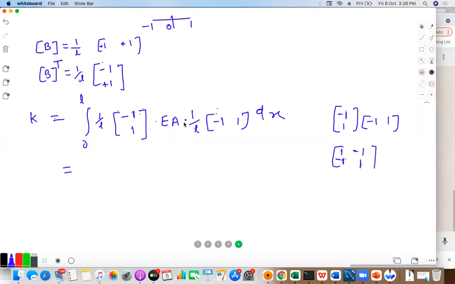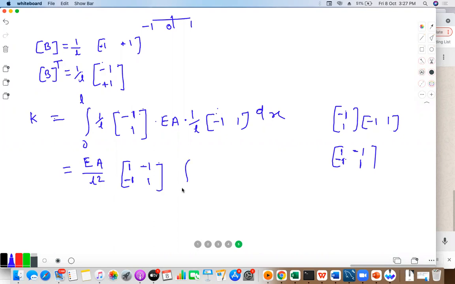So taking this outside, EA upon L square into the matrix 1, -1, -1, 1 outside.